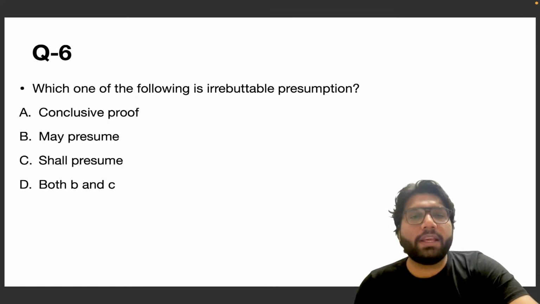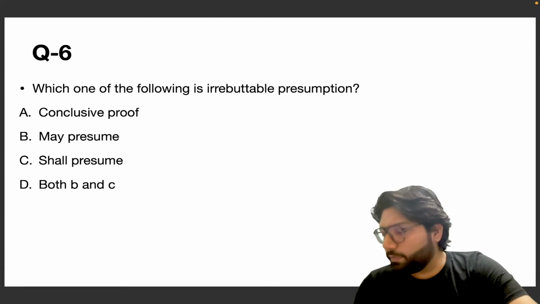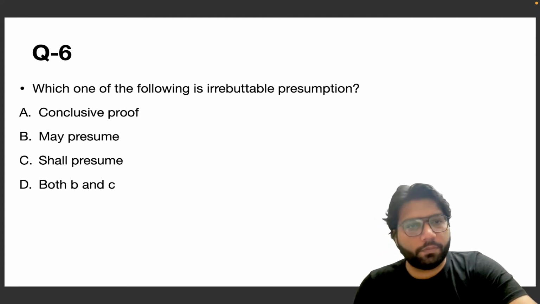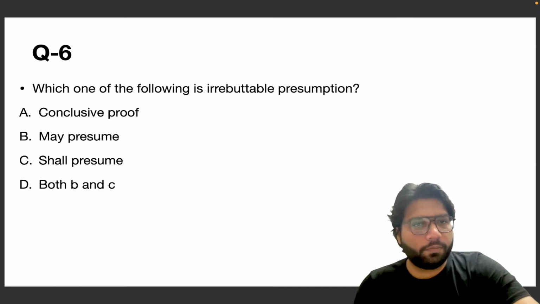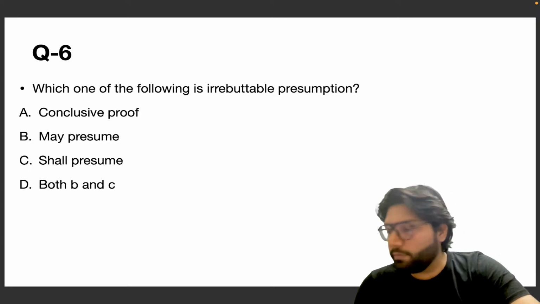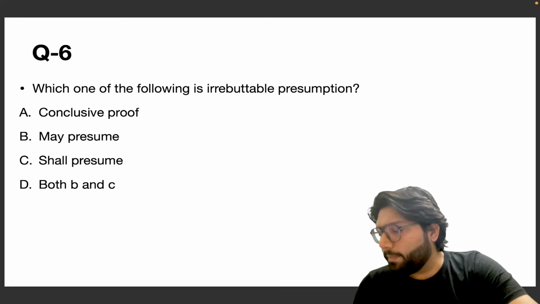Which of the following is irrebuttable presumption? This question is from section number 4. First one to answer correctly is Mosmi, followed by Sapna and Shivani.